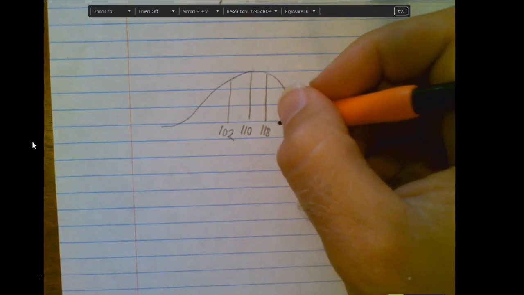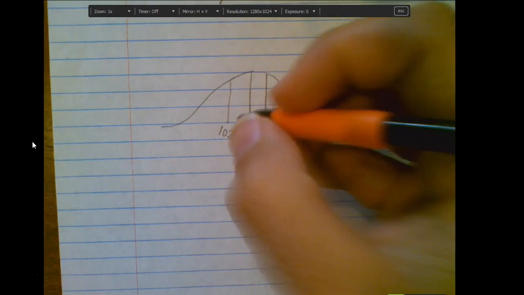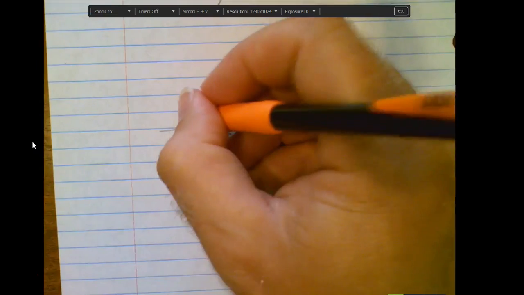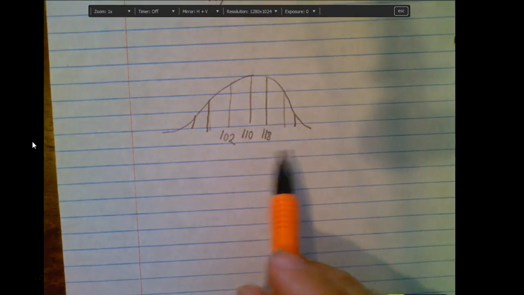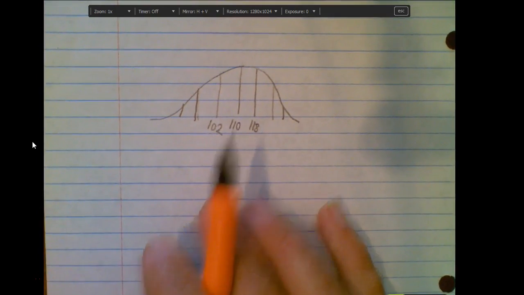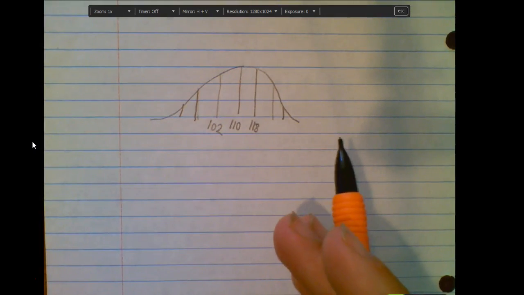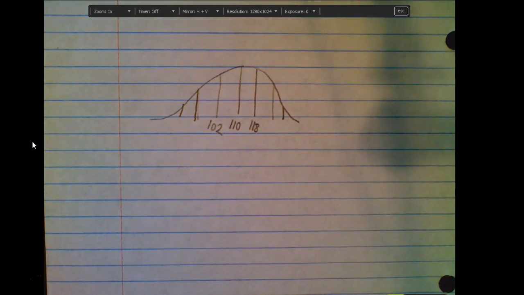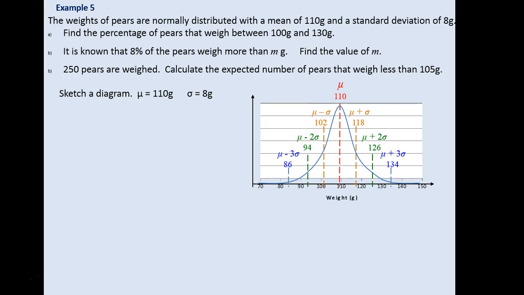And again, you would do that for 3 standard deviations. So I've got to fill in 2 more to the right, and you would have to fill in 2 more to the left. And so you would have those 7 numbers. And again, that would answer the question that just says, give a sketch of this scenario. And this would be our sketch. And so we label those numbers, we draw the bell curve, and that would be the first part of this. So there's the sketch that you're seeing over there to the right.